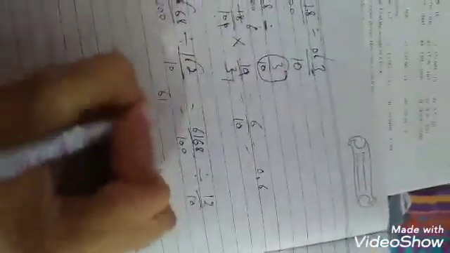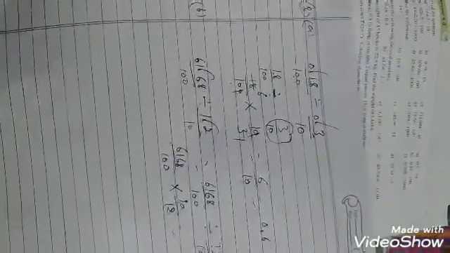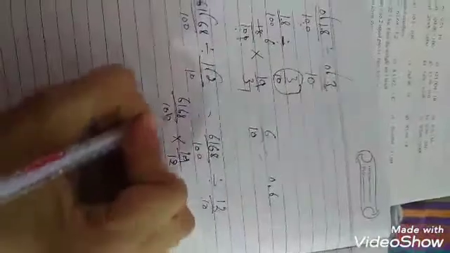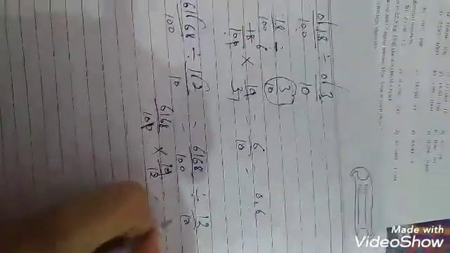One more sum. 61.68 divided by 1.2. When we remove the decimal, we get 100. It will be 10. 6168 divided by 100. 12 by 10. 6168 by 100 multiplied, it will become the reciprocal 10 by 12. When we solve, 0 cut with 0, and after solving you get the answer.